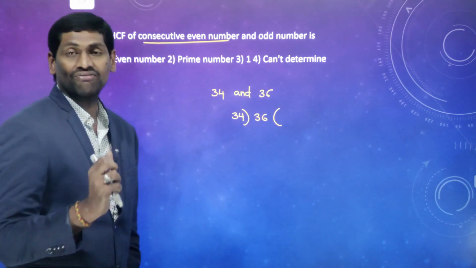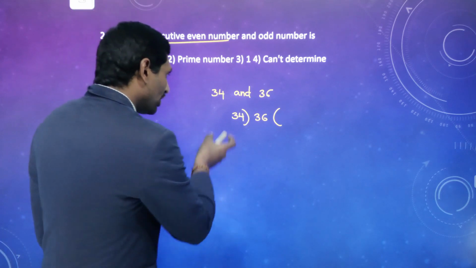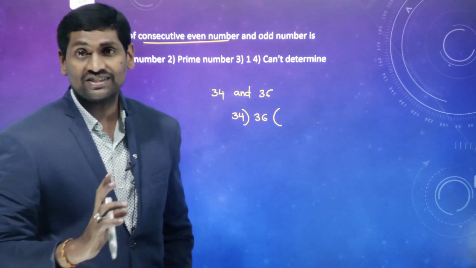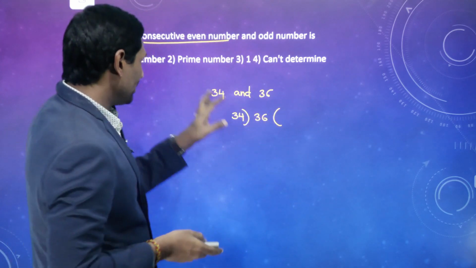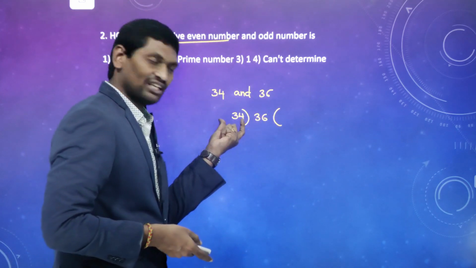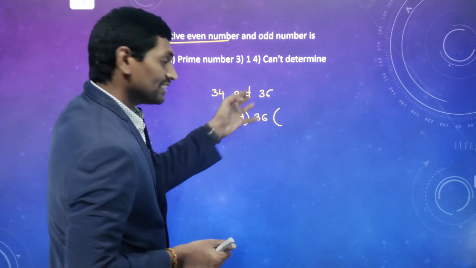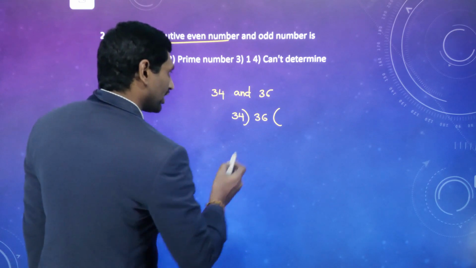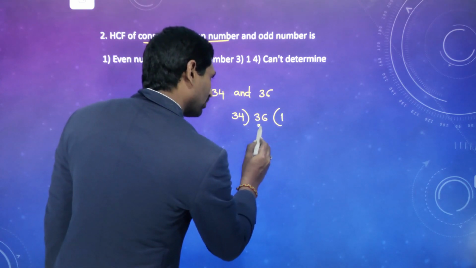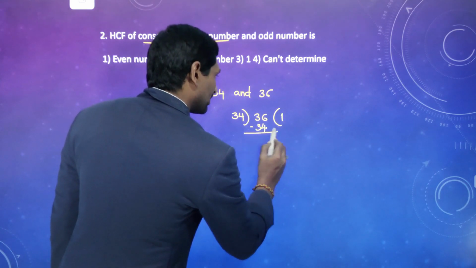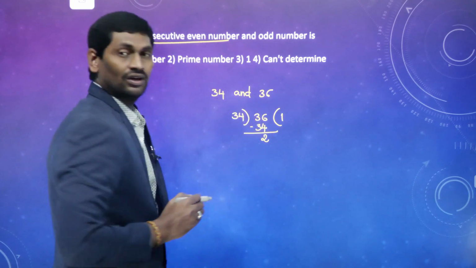How to find HCF in the continued division method? The smaller number is always taken as the divisor and the larger number is always taken as the dividend. The divisor is always on the outside and the dividend is in the middle. Next, 34 and 36. 34 ones are 34. After subtraction, we get the remainder 2.